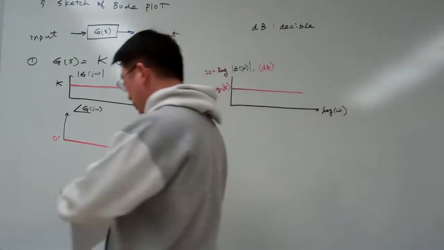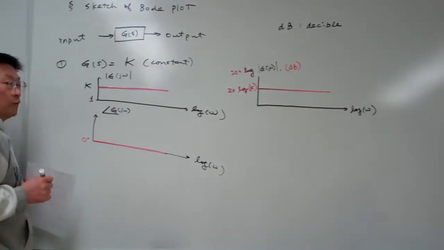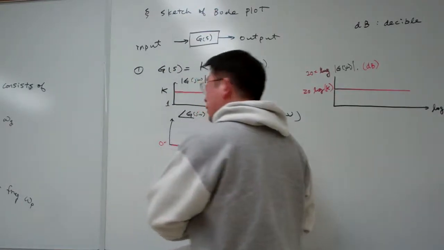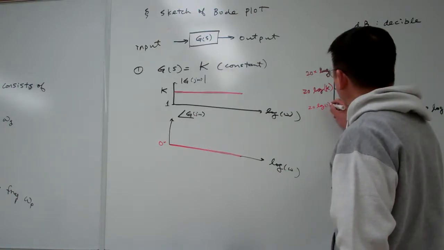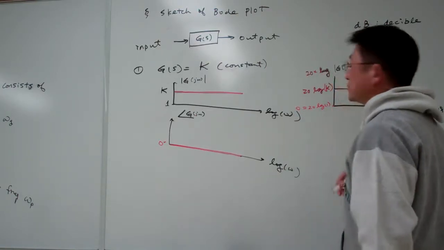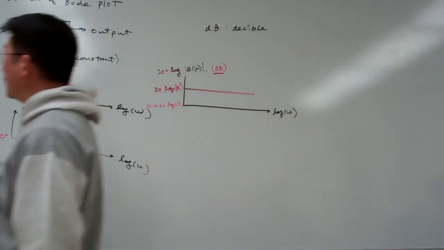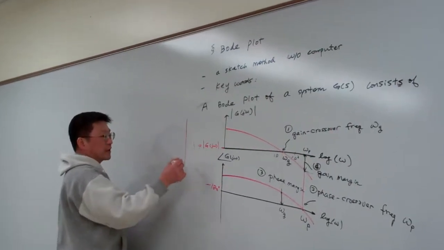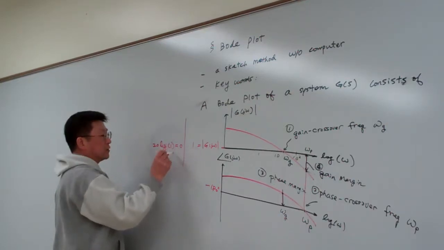So for example, let me make up one. If say this level is 1, then after the decibel conversion that is 20 log 1, which is 0 in terms of the unit. So if we take this value as 1, in terms of the decibel, 20 log of 1 equals 0 dB.